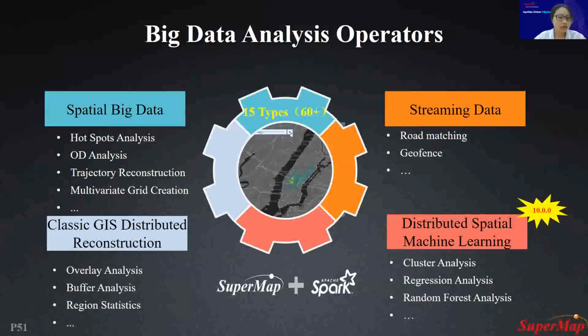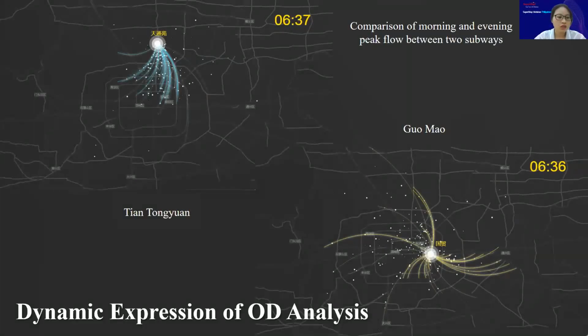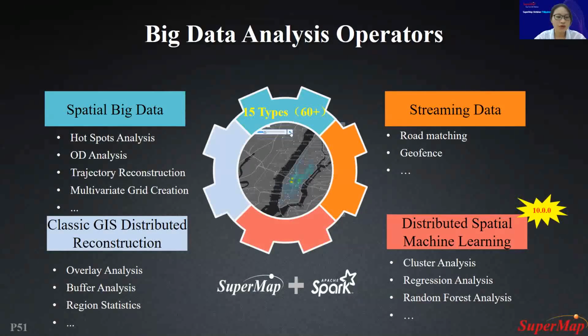And big data analysis operators based on SuperMap and Spark are growing. SuperMap provides different analysis operators for 4 different types of data. Based on these analysis operators, the results of big data analysis can be displayed at a deeper level.